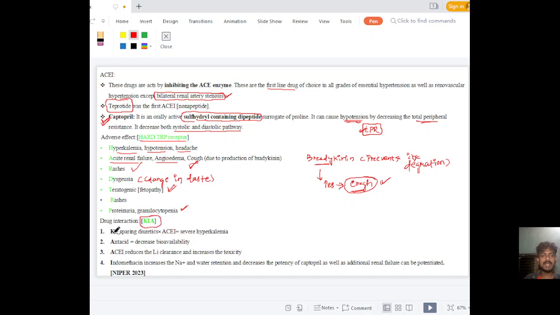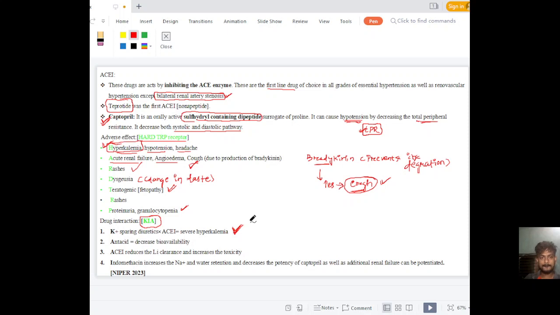Potassium sparing diuretics are diuretics that reabsorb potassium, and ACE inhibitors also show hyperkalemia as a side effect. So when they are combined, severe hyperkalemia will occur, which will lead to different types of arrhythmia.